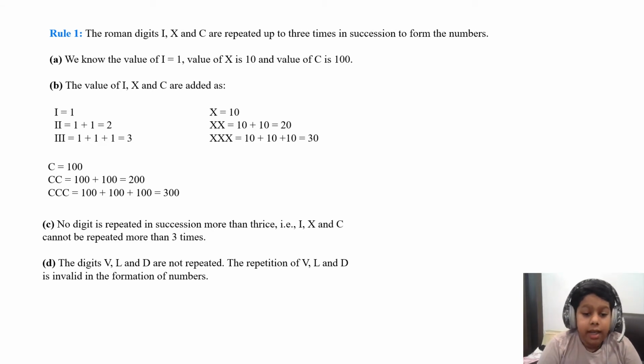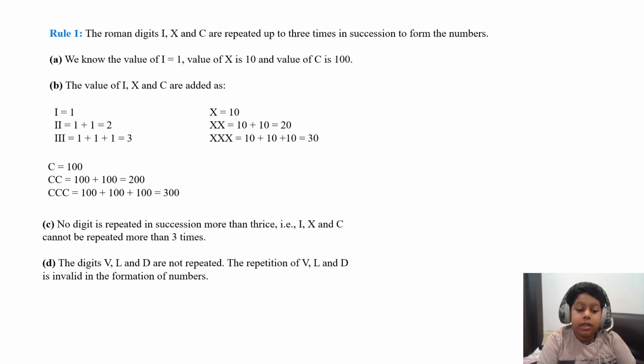X equals 10. XX equals 10 plus 10 equals 20. XXX equals 10 plus 10 plus 10 equals 30. C equals 100. CC is equal to 100 plus 100 equals 200. CCC equals 100 plus 100 plus 100 equals 300.